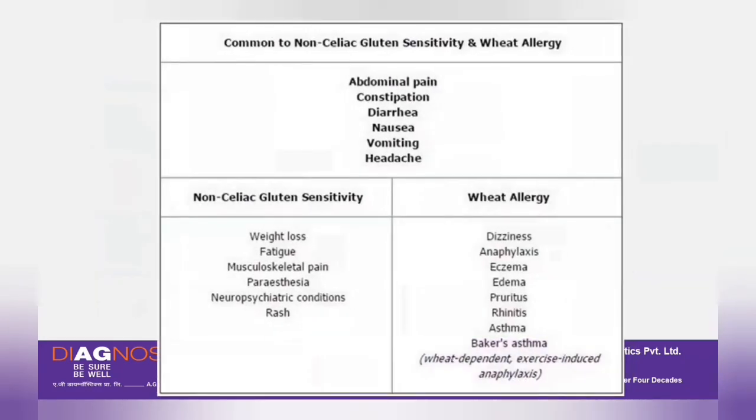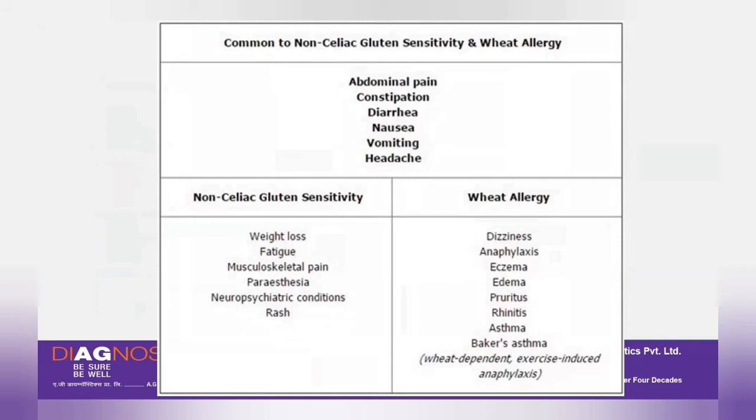Here are the symptoms which are common to NCGS and wheat allergy: abdominal pain, constipation, diarrhea, nausea, vomiting, headache. Remember, in non-celiac gluten sensitivity, you can have weight loss, musculoskeletal pain, paresthesias, and neuropsychiatric conditions, which you will not see in wheat allergy.